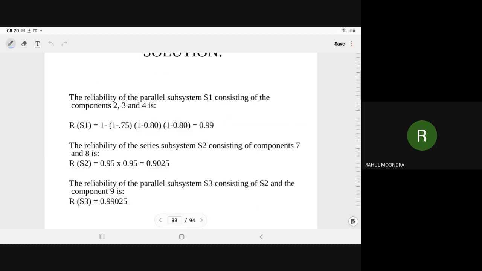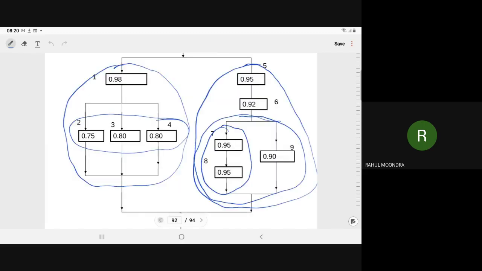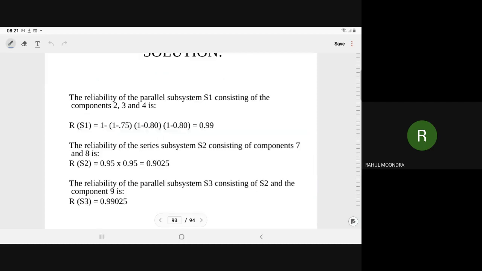So the reliability of the parallel subsystem S1 consisting of components 2, 3, 4. You know the reliability is 1 minus the product of 1 minus the reliability of each component. So the reliability of subsystem S1 is 1 minus (1 minus 0.75) into (1 minus 0.80) into (1 minus 0.80).